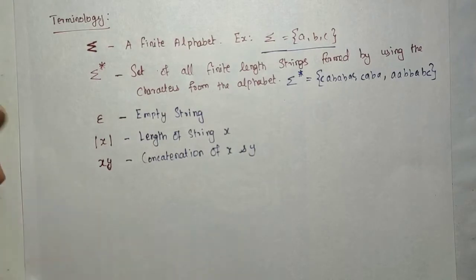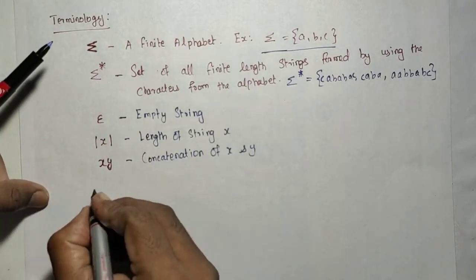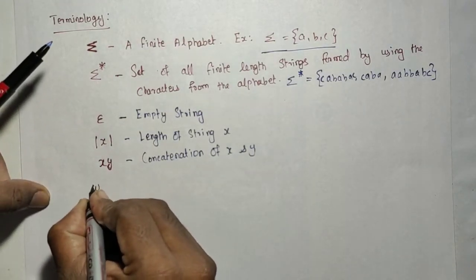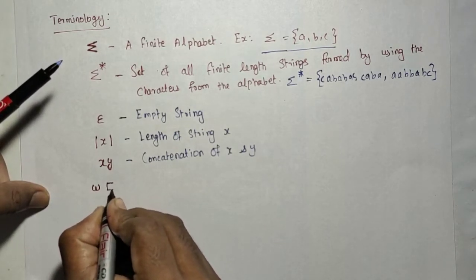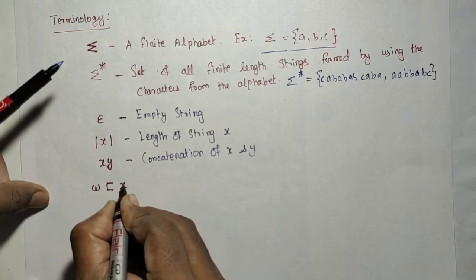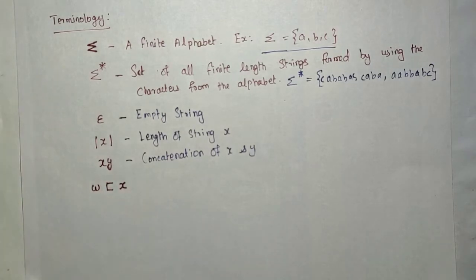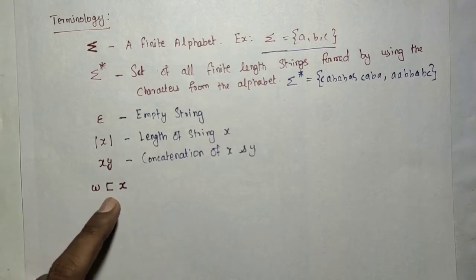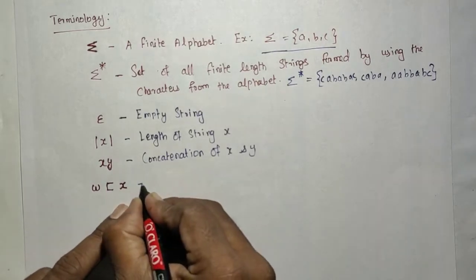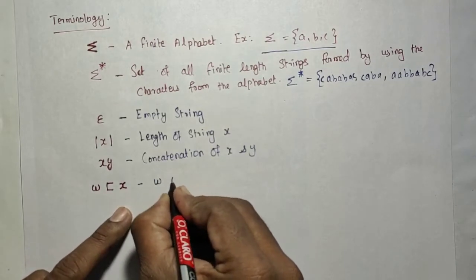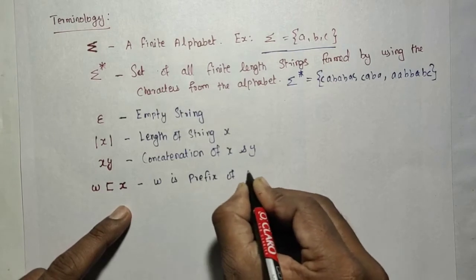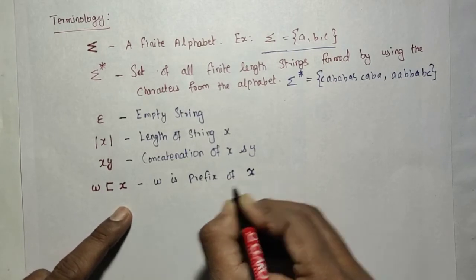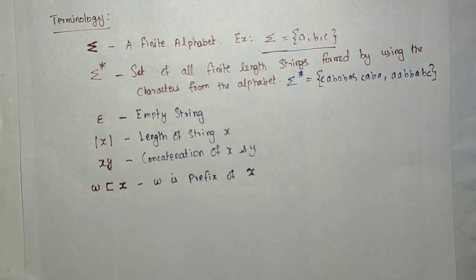Then next, if you are representing w and this symbol and x, the symbol is usually called the prefix symbol. So w is the prefix of x. The meaning is, w is the prefix of the string x. It means x starts with w.